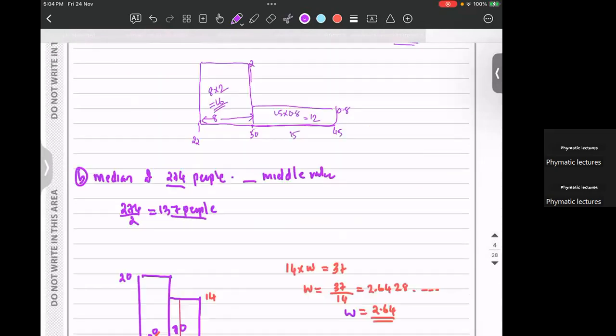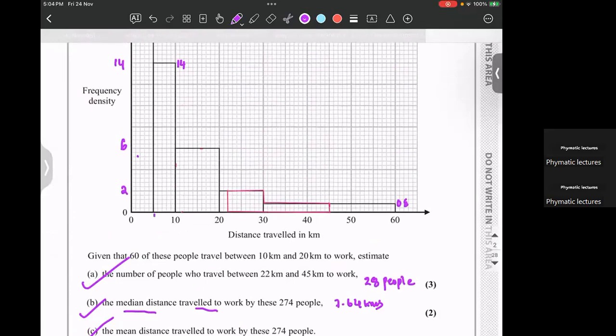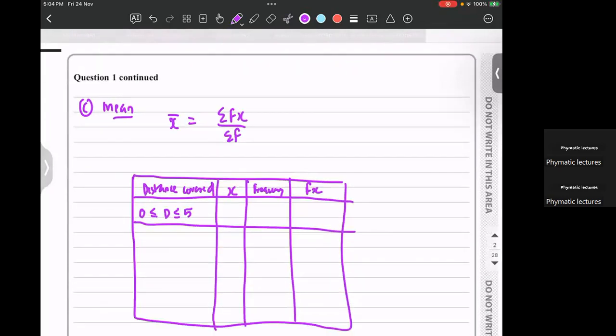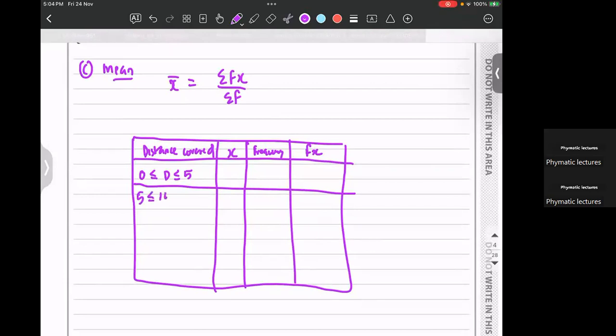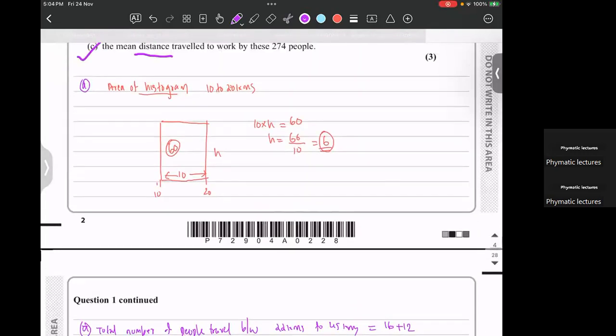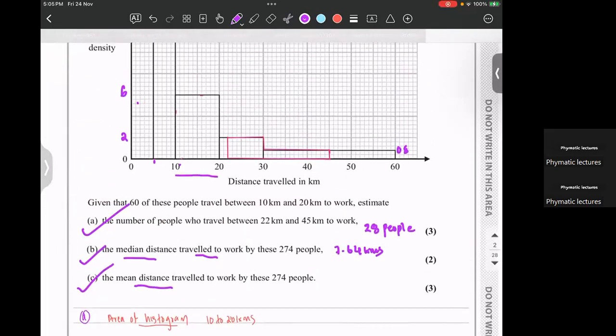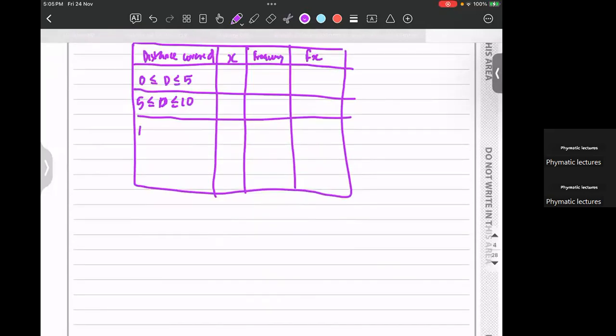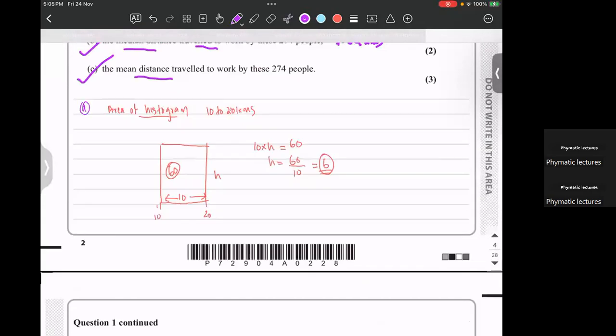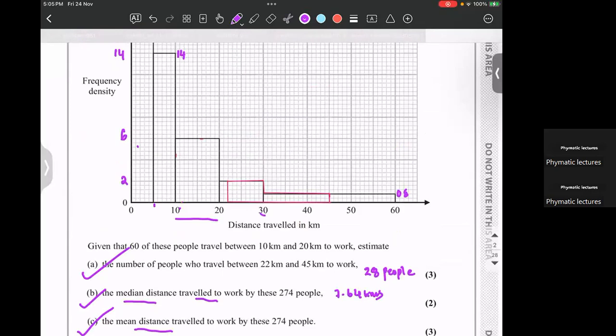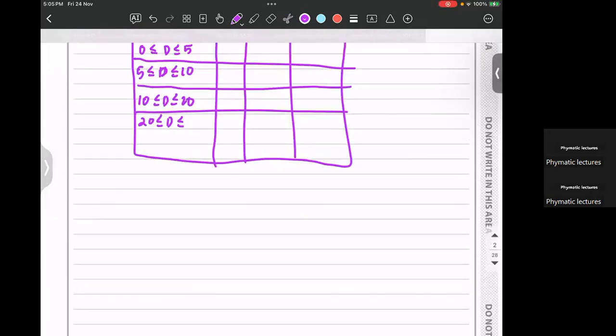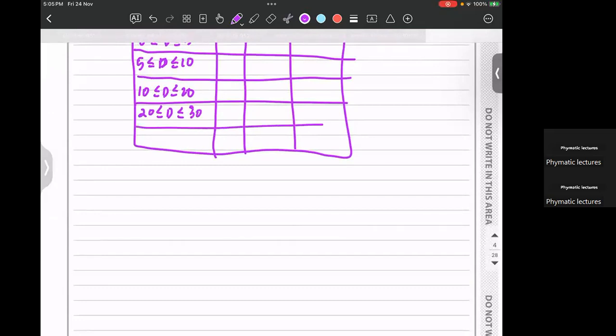Then the next is 5 to 10. Then 10 to 20. The next is 20 to 30, then 30 to 60.